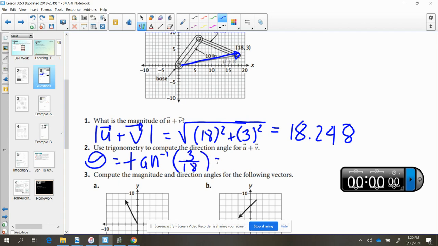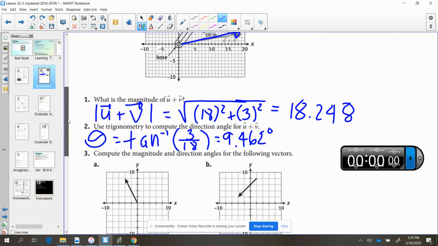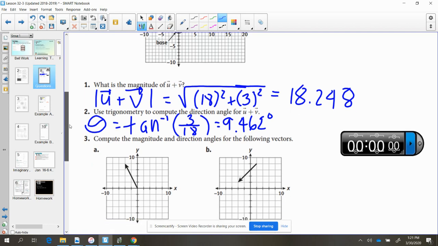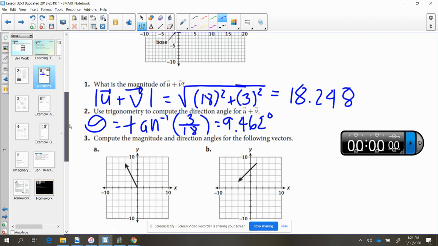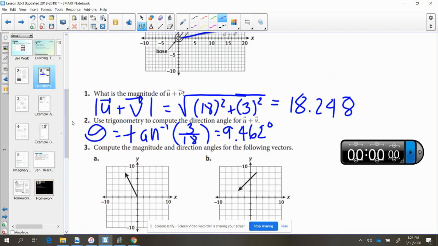If you type that in the calculator, you get approximately 9.5, or 9.462 if we go a couple decimal places, degrees, which again is a quadrant 1 value, so we're good to go there. So a tiny angle, right? But moving forward, we need to take a little bit more care because not everything's going to be quadrant 1. Not all of our vectors are going to come from standard position, things like that. So we need to be careful there.